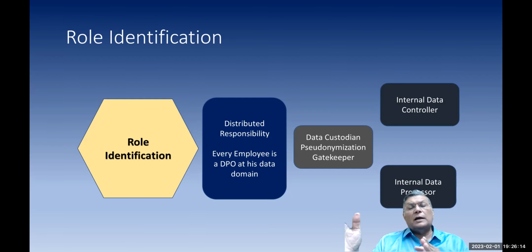Rest of the people are having access only to pseudonymized data. Therefore, the risk of any compromise at the secondary level, the possibility of harm is less. Because the harm is less, the risk of penalty, everything becomes substantially reduced.